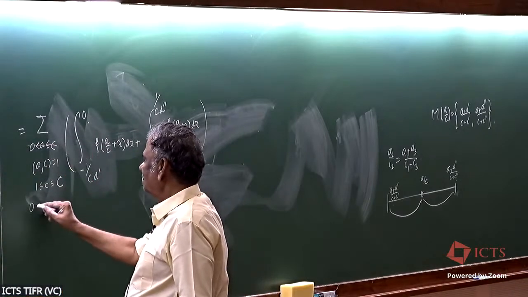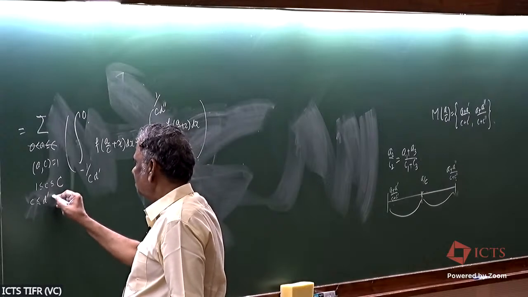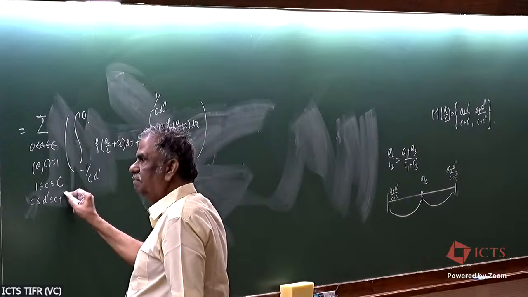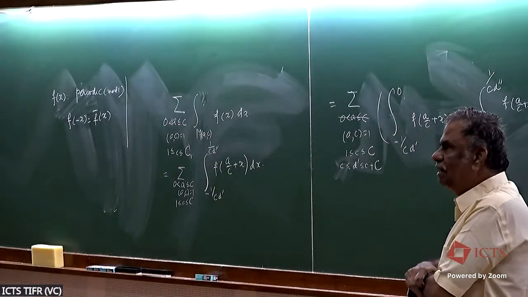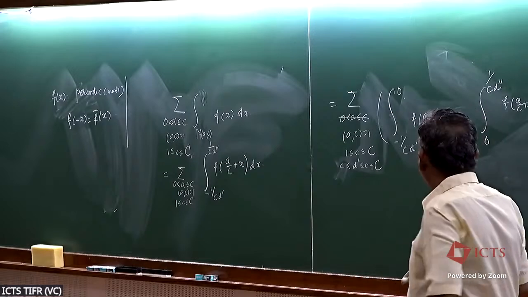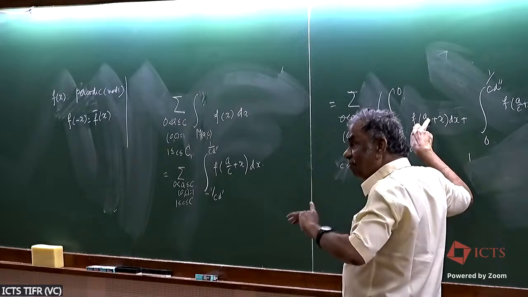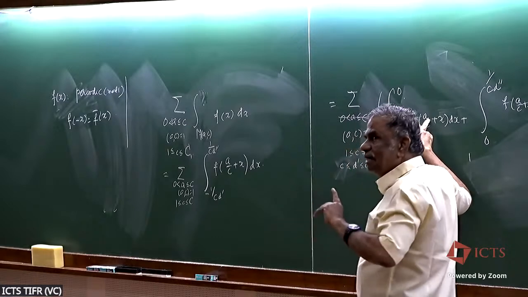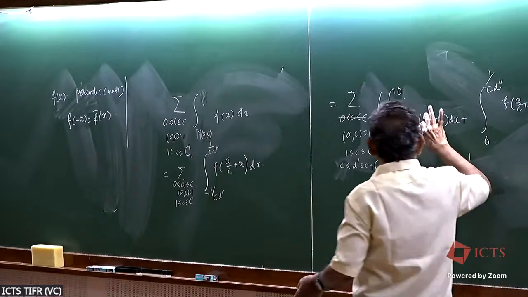This condition is replaced by little c less than or equal to d dash less than or equal to c plus capital C. That's the one which we got for d dash. And this d dash was an inverse of a modulo c. That means this a is the inverse of d dash modulo c. And therefore, this is d dash.